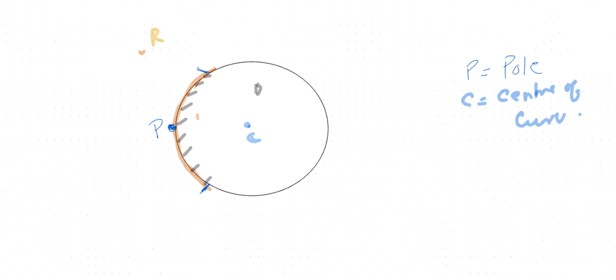This is the imaginary line going from the pole through the center of curvature and beyond. This is called the principal axis. I'll refer to it as PA, principal axis. This is an imaginary line.